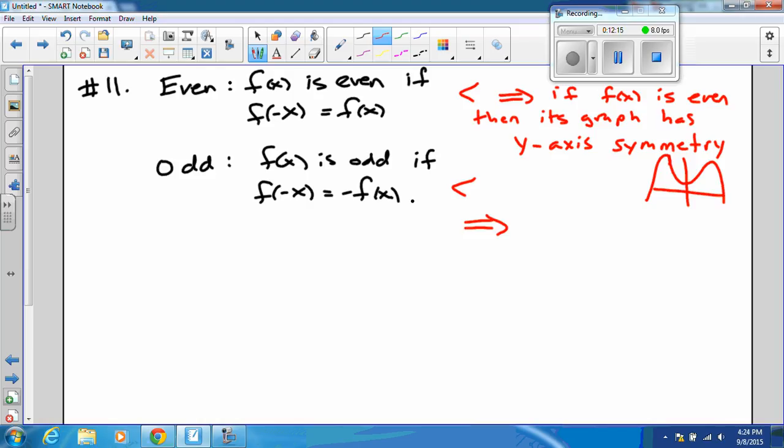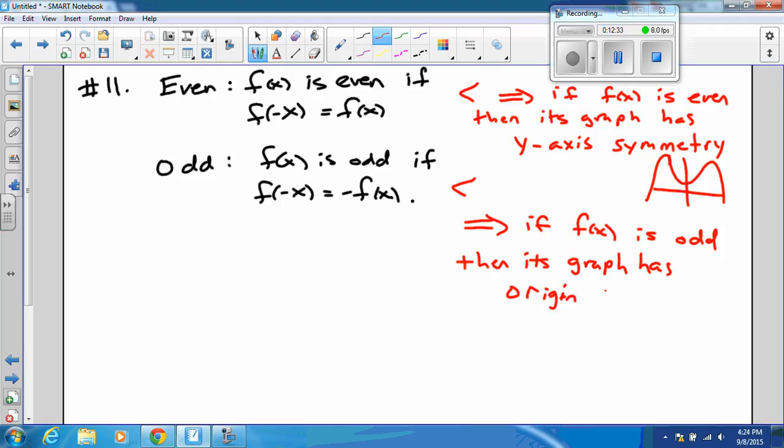We also learned that if f of x is odd, its graph has origin symmetry. That is, if I take any point on the graph here, then a line through the origin will connect to a matching point on the other side.